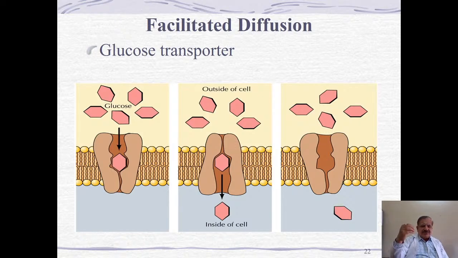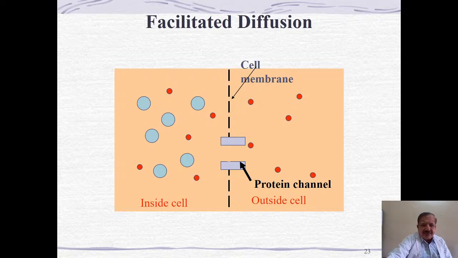So glucose is transported from outside to inside through the channel, and there is a need for a transporter. As I have told you, we need insulin. If facilitated diffusion is there, it can easily move from one side to the other.